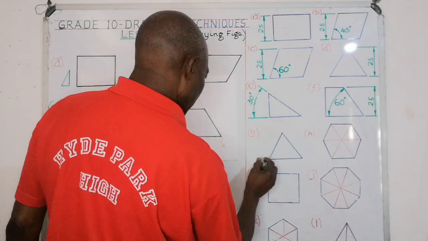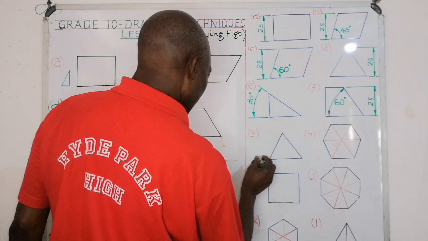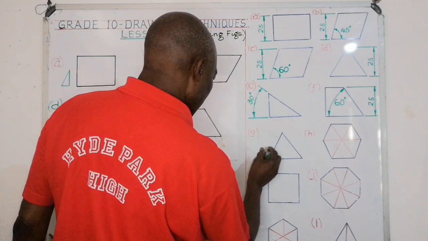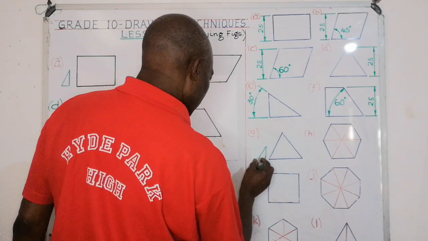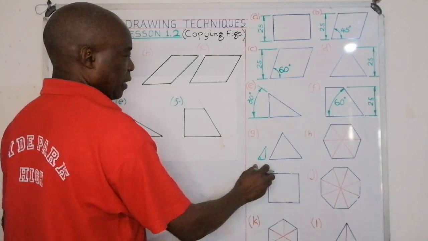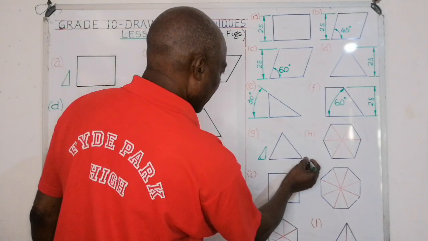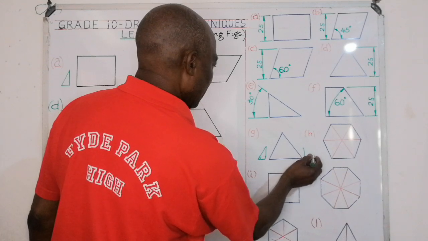Let me start with this one here. It's given like that. So this is the 60 degree angle, and that side will be flipped around like that.